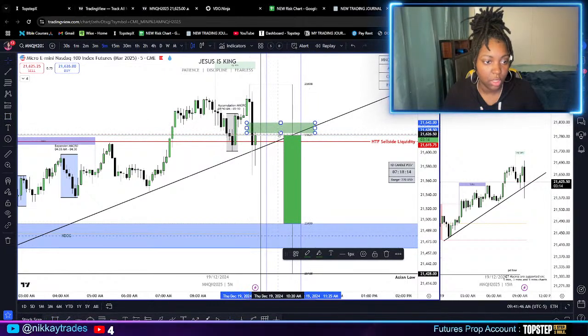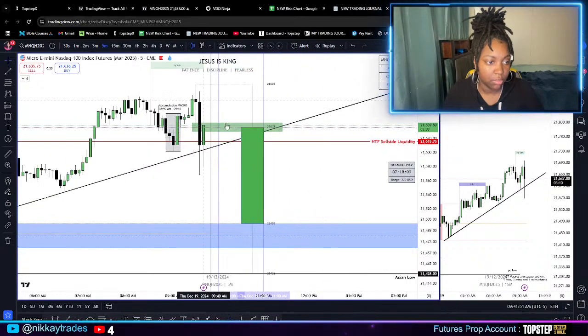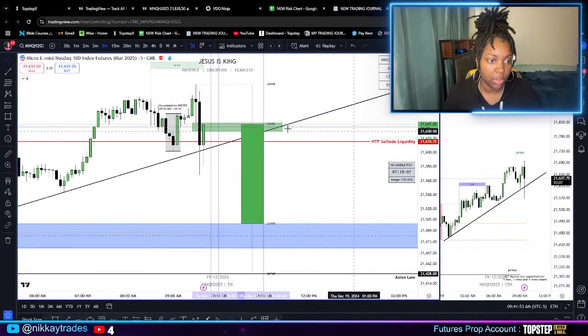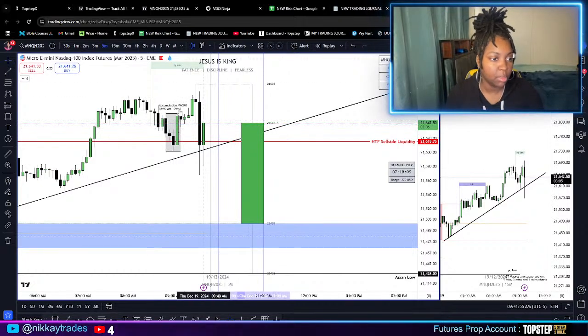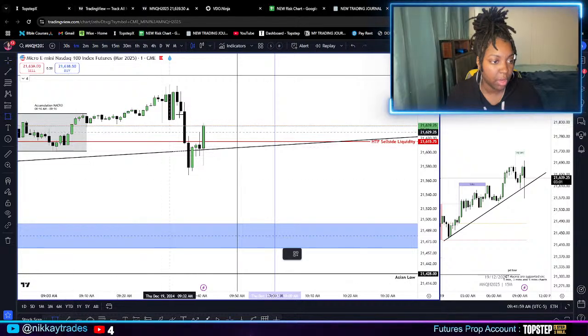Okay, I do see a little 5-minute gap right here. It's tapping in, well... Never mind, we still have some time for that. I thought this was the 1 minute. We still have some time. Okay, well, it's tapping into this gap right here on the 1 minute.